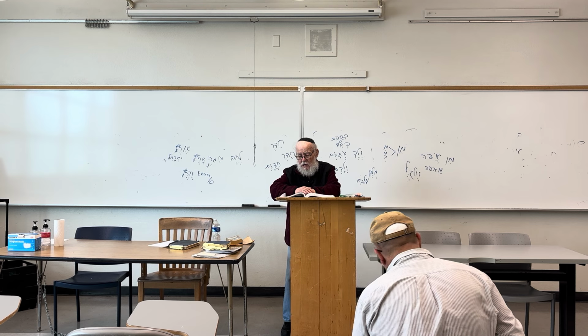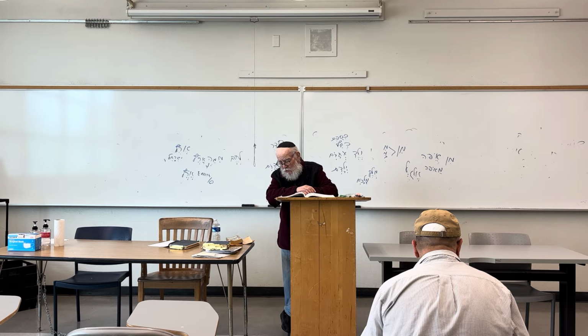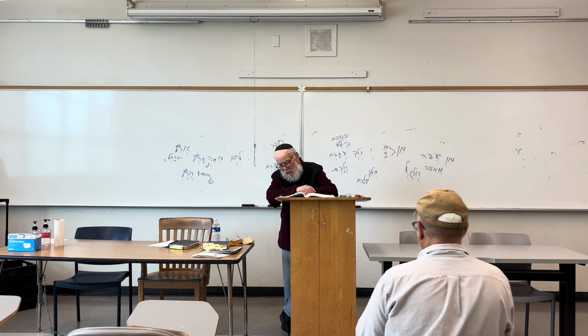Again, why is the accent over that lamed? If the accent is not over the lamed and the kamatz is followed by a mem with a dagesh in it, then you assume that the kamatz is a kamatz katan, a short kamatz. It's a medial one. And a medial kamatz doesn't have to be closed, but it is closed, so it gets accented.